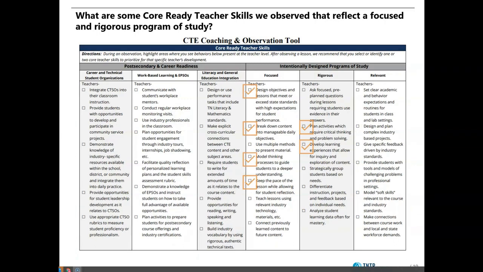I want to note that there were some things I couldn't know from just a video, and that might have been true for you as well. For instance, asking focused pre-planned questions. We don't know if they were pre-planned questions unless we saw a lesson plan or something to that effect.